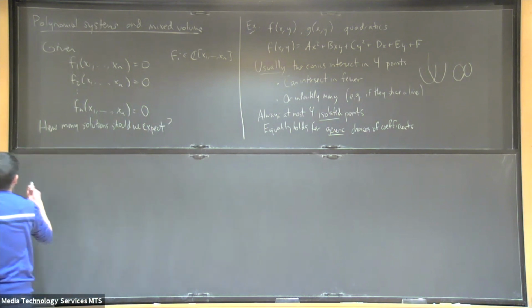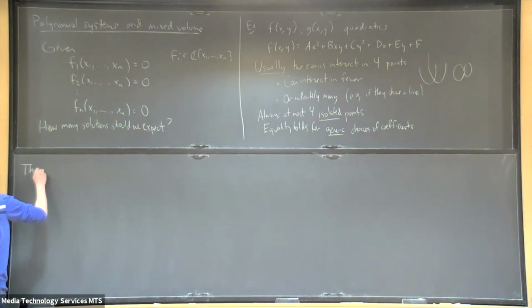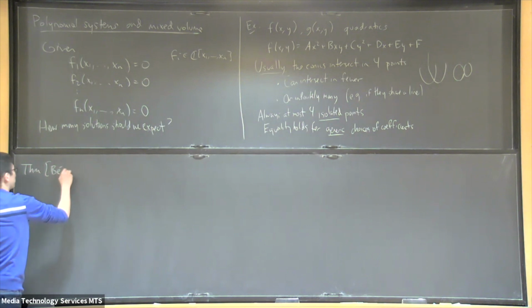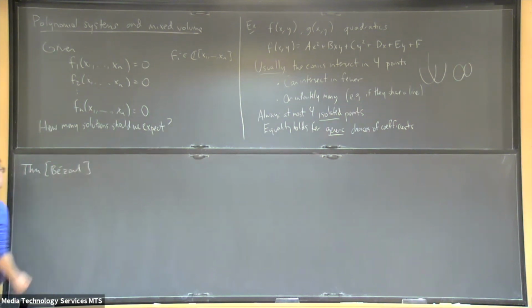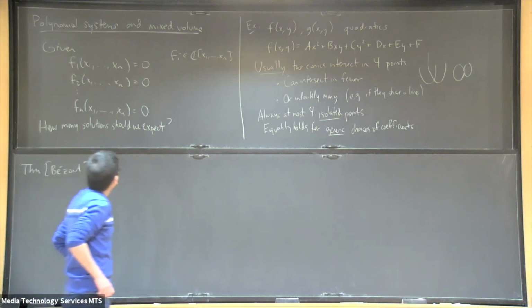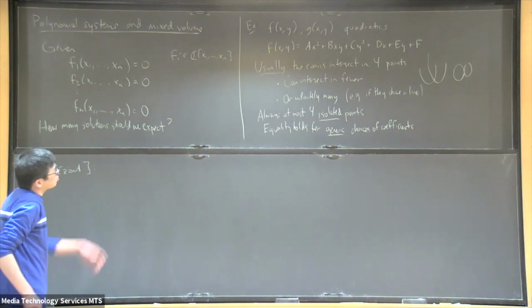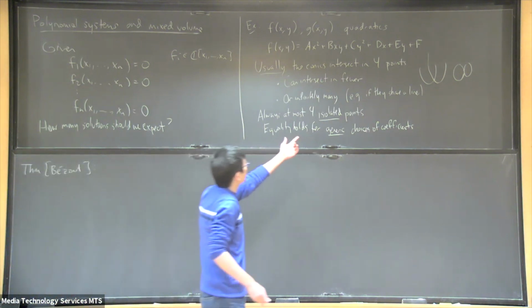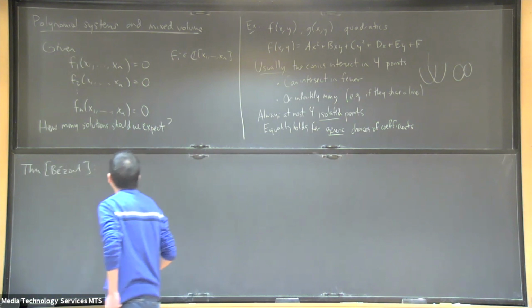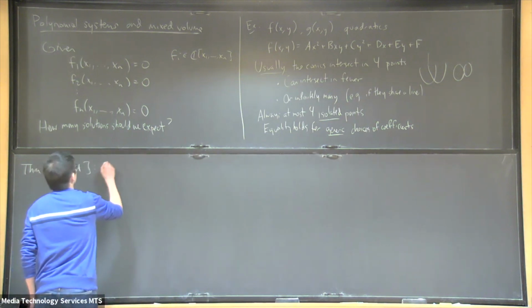The answer is that there's a theorem, which is called Bézout's theorem, which says that suppose you have a polynomial system such as this one, then in general, how many solutions do you expect? Well, you should just take the product of the degrees. So in this case, you have 2 quadratics. You expect 4 solutions.